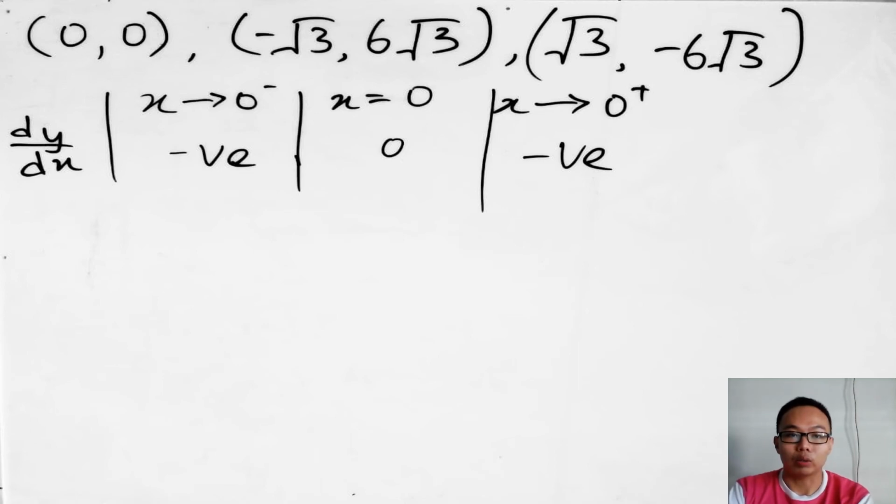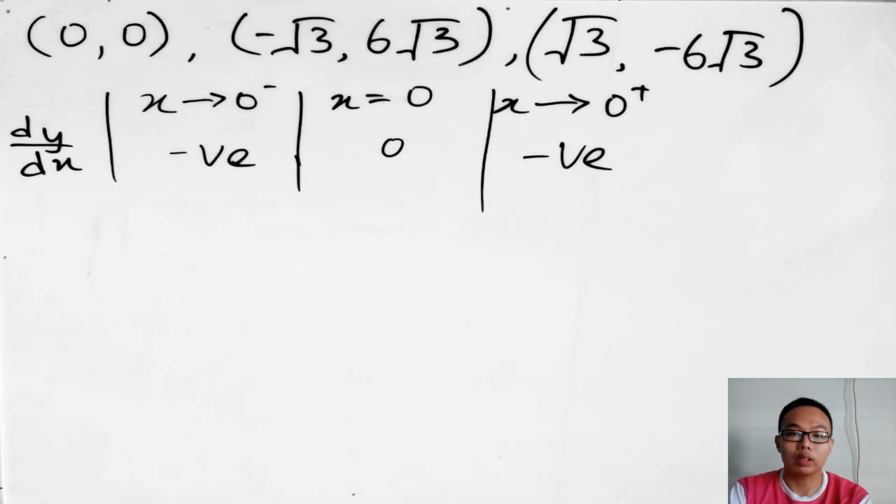So we substitute a value of x approaching 0 but smaller than 0, for example negative 0.0001. We substitute this number into the dy/dx equation that we got in the previous slide, and we get a negative value. When we substitute x equal to 0 in the dy/dx equation, we get dy/dx equals 0.